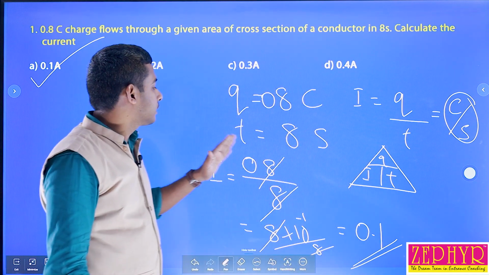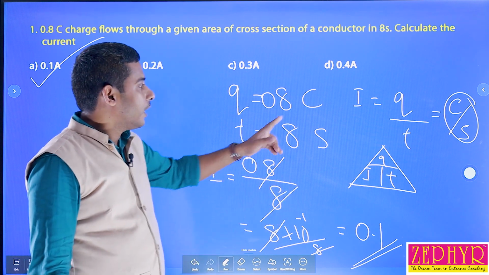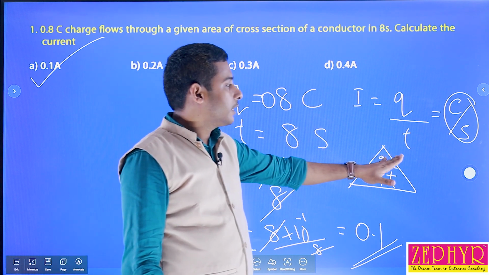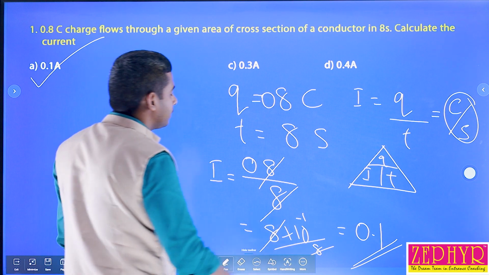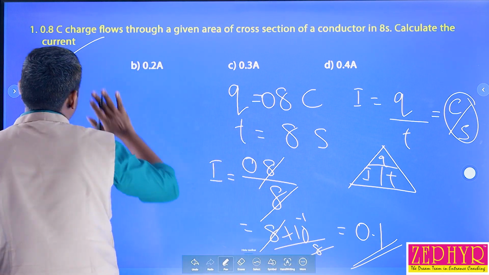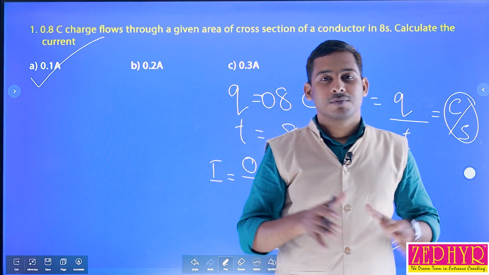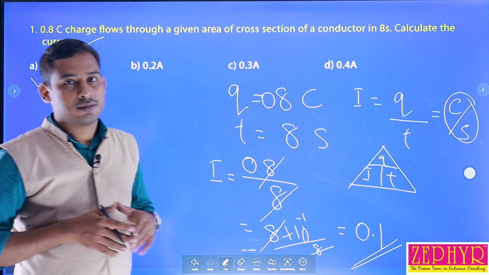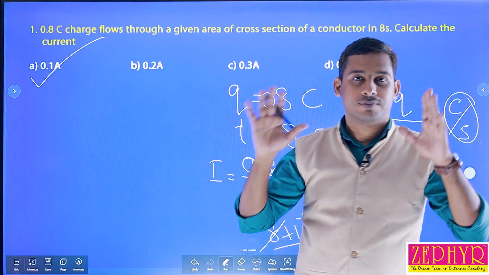So the question is, we have to calculate I, we have Q by T, Q is charge, T is time. The answer is 0.8 by 8, that means 0.1, option number 1. Very easy question. Hope all have completed the answer of this first question.